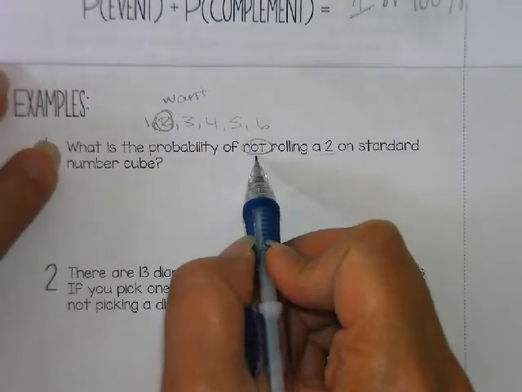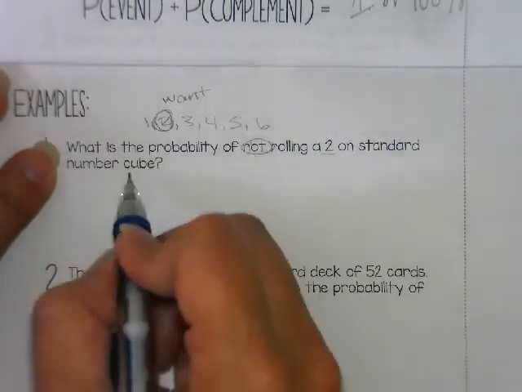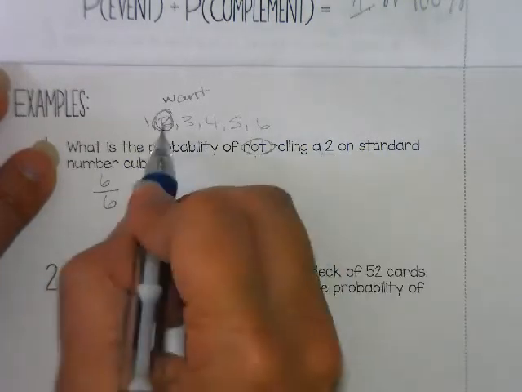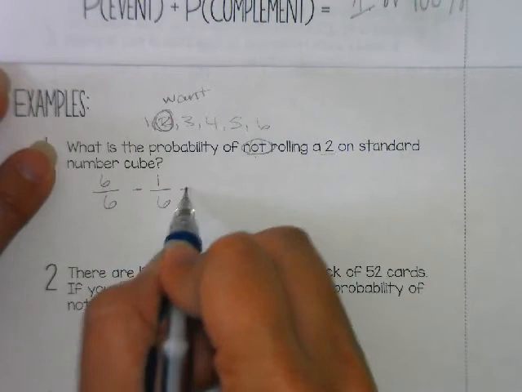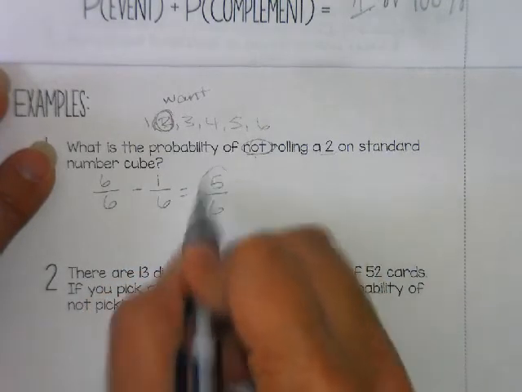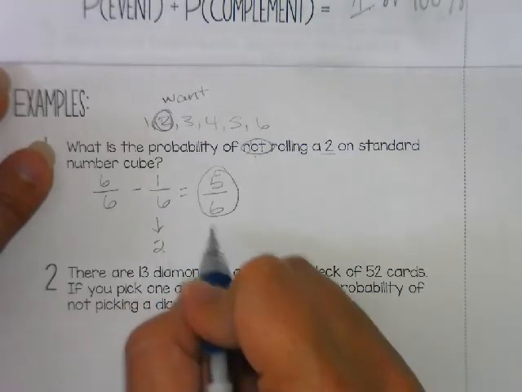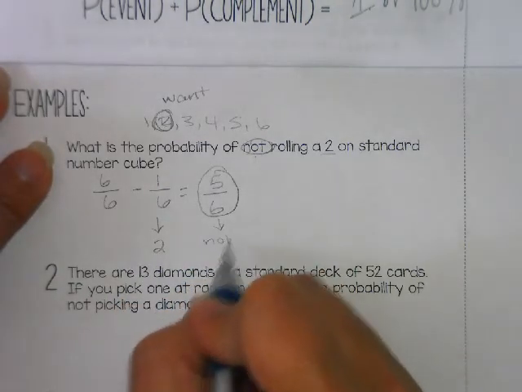We have 6 total outcomes, and we can subtract what we want. What we want is 1 out of 6, and we get 5 out of 6. This is my complement, because this represents a 2, and this is not a 2.